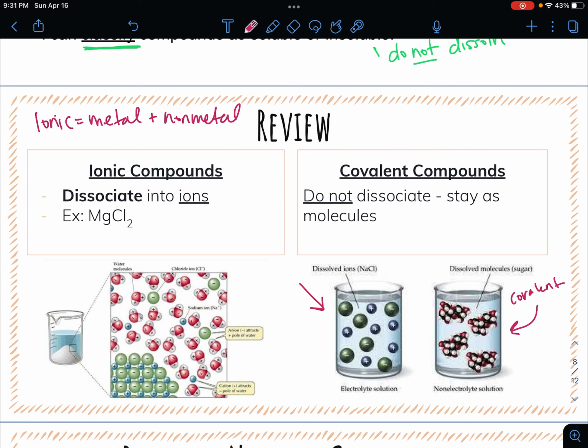So dissolve and dissociate are not the same term. They don't mean the same thing. Remember, dissociate means to break apart into ions, whereas dissolve just means that it's going to break apart into the tiny little molecules itself, and we wouldn't be able to see it anymore. Okay, so just make sure you don't get those two terms confused.